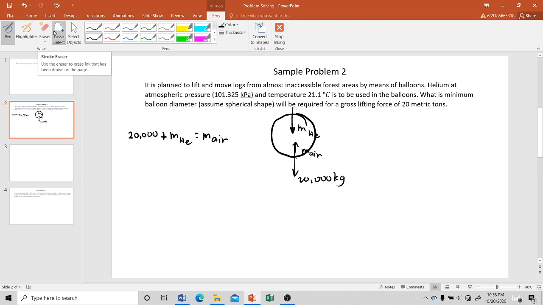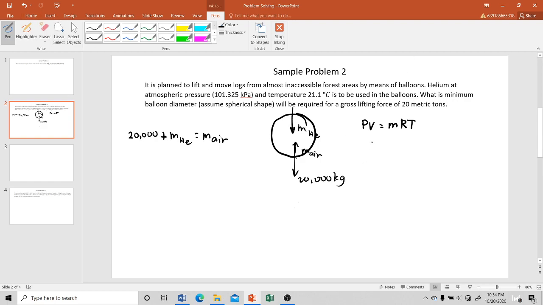In order to get the value of the volume of the sphere, we can use the ideal gas equation of state. So what is that equation? We have PV is equals to MRT. Pressure, volume, V is equals to mass, R is the gas constant, and T is the absolute temperature.